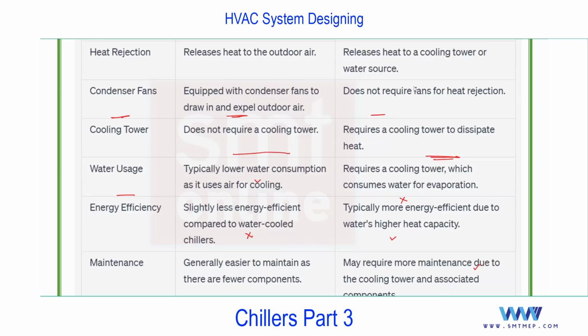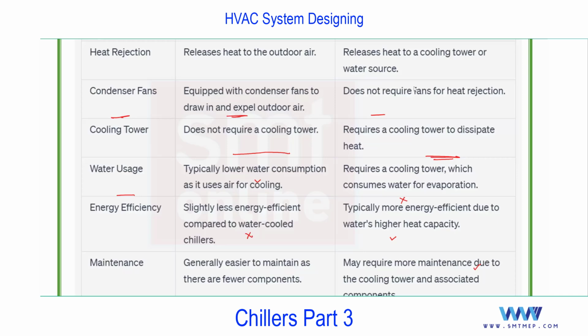But if the outside temperature throughout the year is less than 35 degrees centigrade, in that case the air cooled chiller is more efficient. Take the example of Bangalore or many cities in India, or in the Gulf. Not many cities in the Gulf, but there you will find some cities where the temperature throughout the year will not exceed 35 degrees centigrade. In that case, air cooled is the best choice. Why?